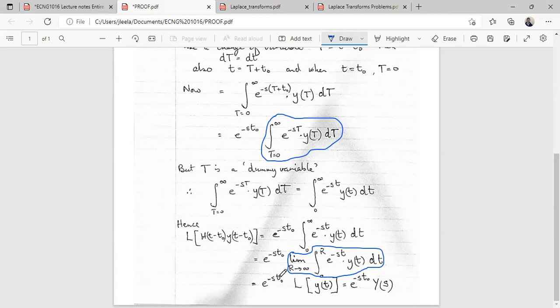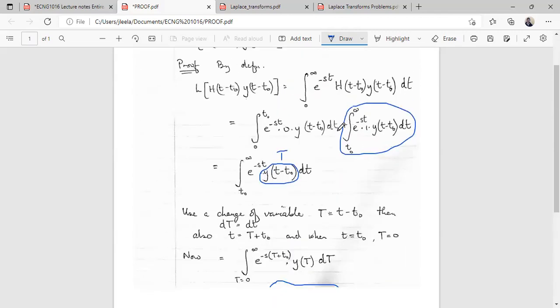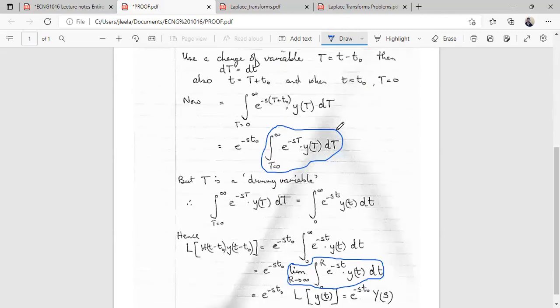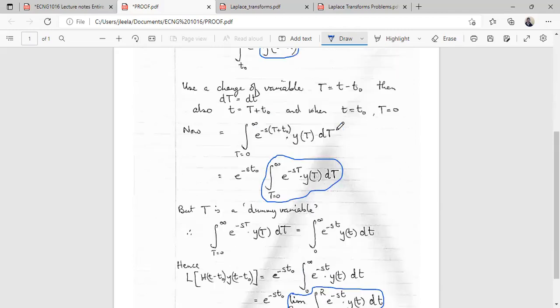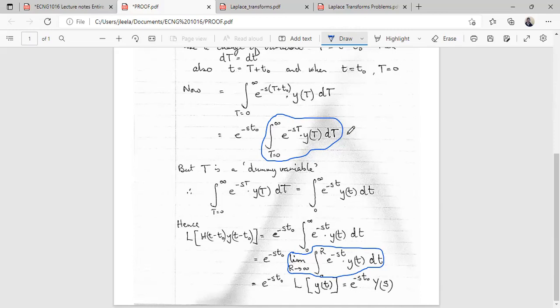So you have e to the minus st naught times the Laplace transform of y of t, which is e to the minus st naught times capital Y of s. So I hope this explanation of the proof is clear. You can go through it and make sure you understand it.